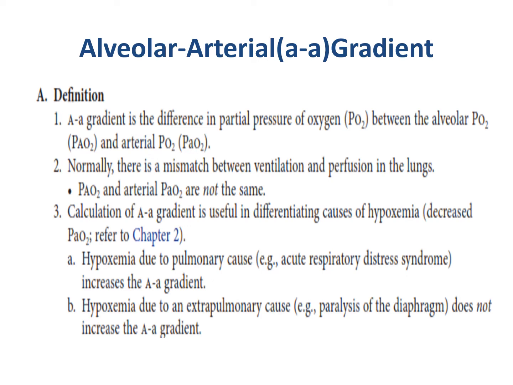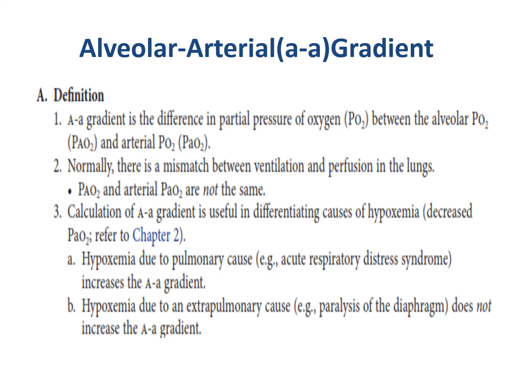AA gradient, or alveolar-arterial gradient, is the difference in partial pressure of O2 between the alveolar PO2 and arterial PO2. Normally there is a mismatch between ventilation and perfusion in the lungs, so alveolar PaO2 and arterial PaO2 are not the same. Calculation of the AA gradient is useful in differentiating causes of hypoxemia.